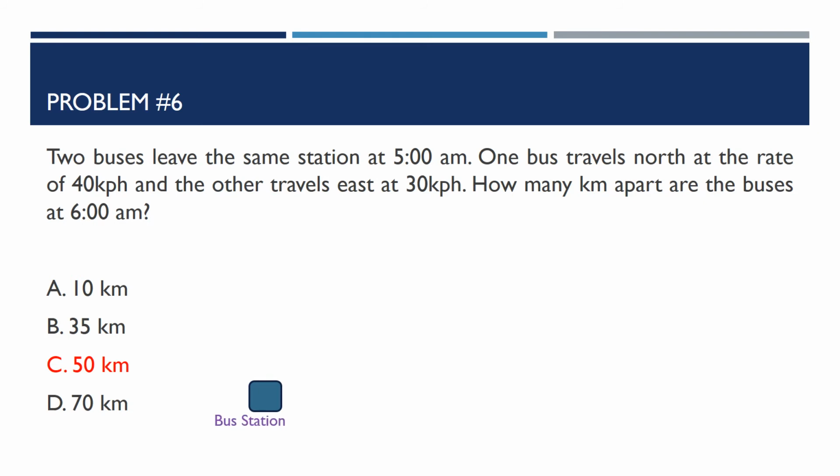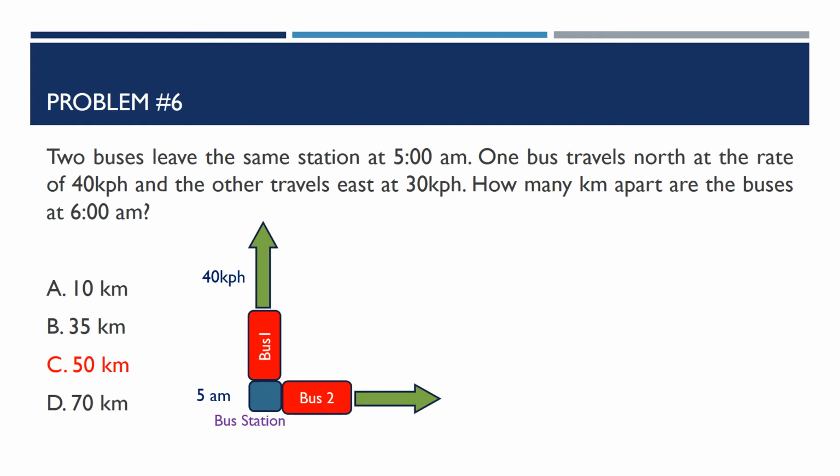You have this figure as the bus station, and then the first bus, and then the second bus coming from the bus station at 5 a.m. The first bus went up to the north at 40 kilometers per hour, and the second bus went to the east at 30 kilometers per hour, and they reached this part at exactly 6 a.m., although they are not yet done moving, but we'll just estimate up to 6 a.m.